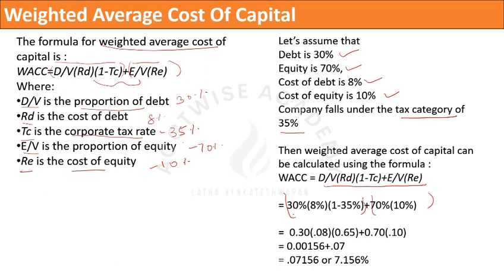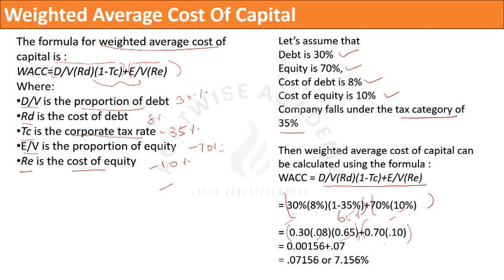E/V is 70% and RE is 10%. How to write 30% in decimal? 0.3. 8% is 0.08. 1 minus 35% is 65%, which is 0.65. Plus 70% is 0.7 into 10% is 0.1.